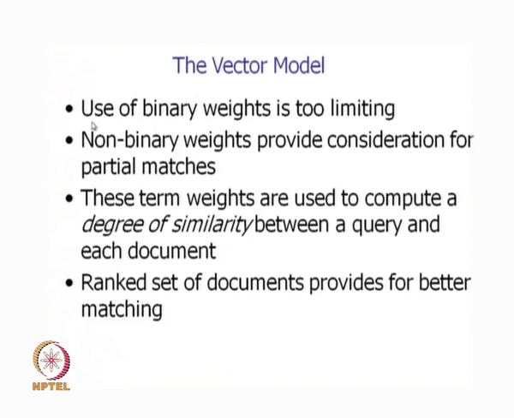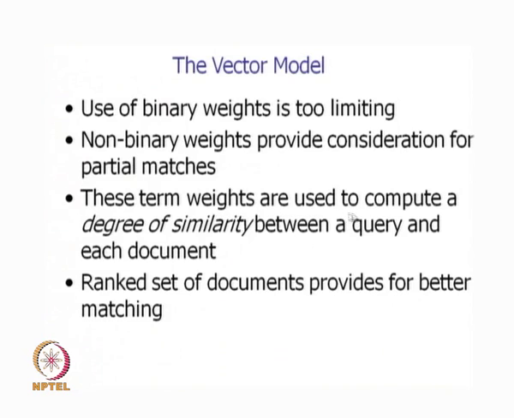What it says is that the use of binary weights is too limiting. If you just say 1 or 0, then this hardly is a realistic representation for the document. Non-binary weights provide consideration for partial matches.